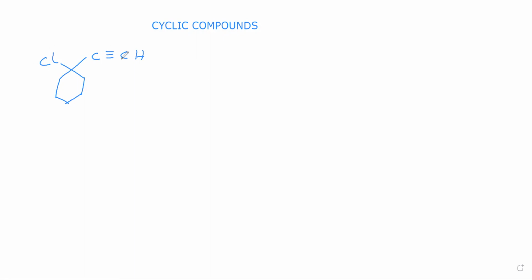One is chlorine, next C triple bond CH, next this 6-membered ring. Here we can consider this 6-membered ring as the parent. Then this is a substituent, this is also a substituent.